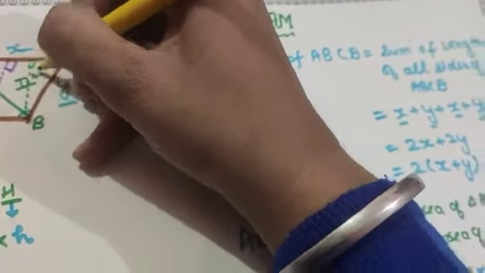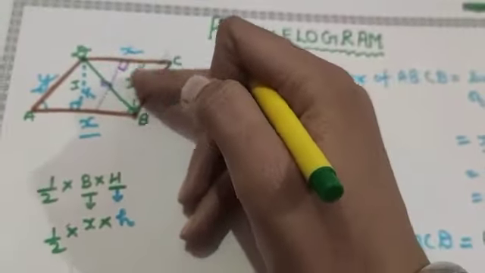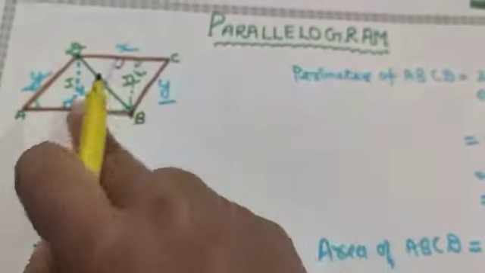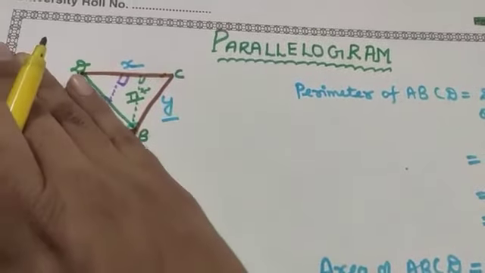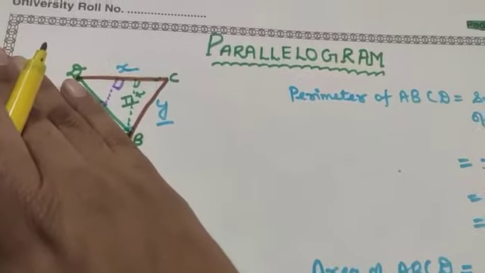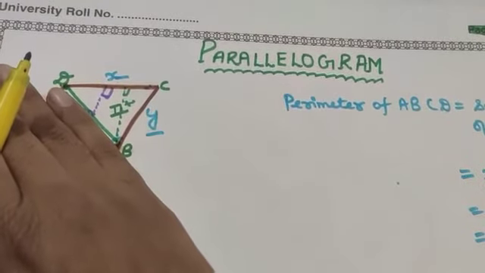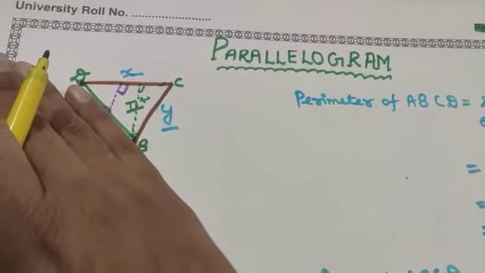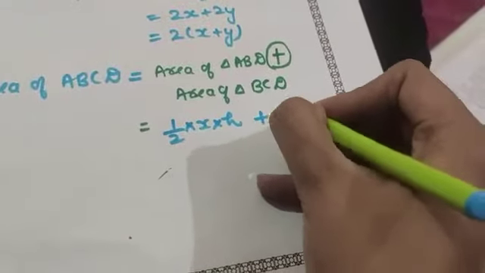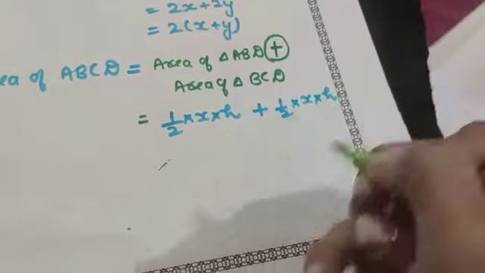Here it is also h because the distance between the parallel sides always remains the same. If this is h, it will also be h and it will also be h. Now see this triangle BCD. Its area will be half into base into height. Base is x, height is h, so its area will be half into x into h, right?